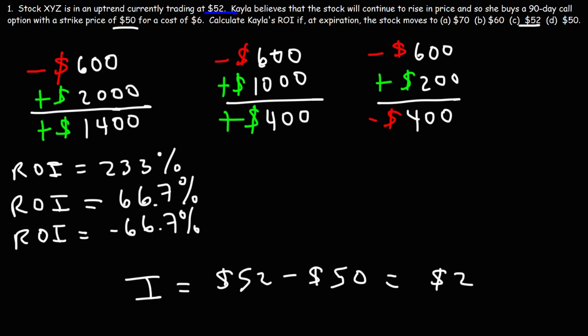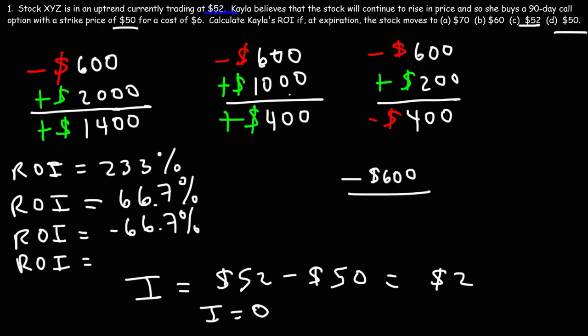Now, for part D, if the price of the stock goes down to 50, the intrinsic value will be 0. So in this case, her return on investment is just, it's nothing. Well, actually, it's not nothing, I take that back. Her loss is going to be $600 because she lost the entire premium, divided by her cost of investment times 100%.